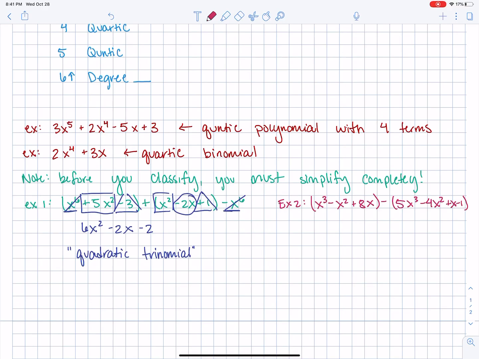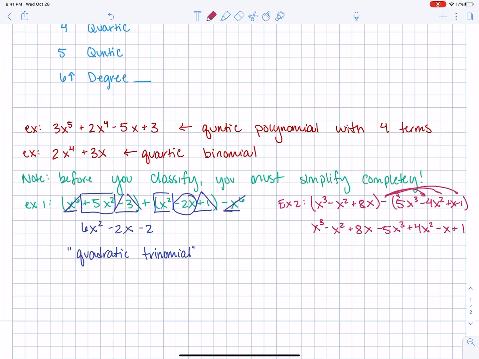All right, so actually before I start on this one, because it's minus, I need to distribute the negative to all these terms. So distribute your negative. So we have x cubed minus x squared plus 8x, and now all of these get switched on your sign. So minus 5x cubed plus 4x squared minus x plus 1.